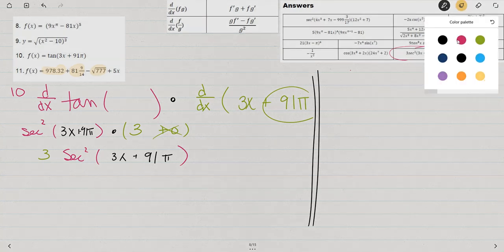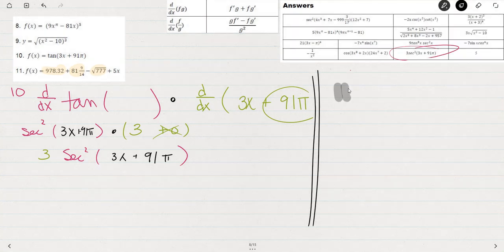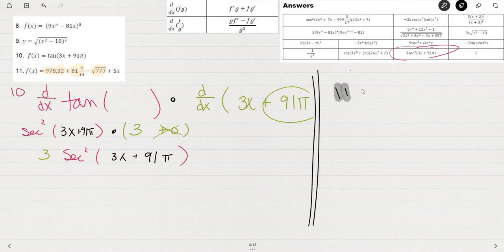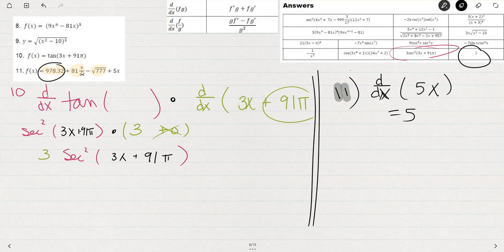So all I need to do here for number 11 is do the derivative of the 5x. So it's just a 5. Because the derivative of each of these other 3 pieces is 0, 0, 0. The derivative of each constant is 0.